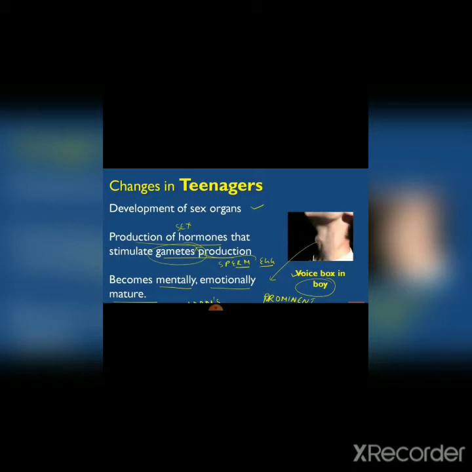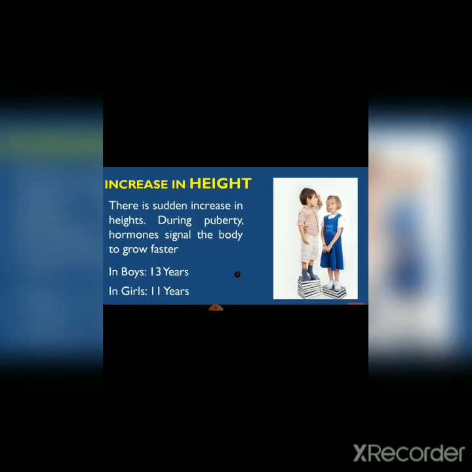Generally in the teenage years we can see that they are not only physically mature but also look mentally and emotionally mature. So first of all we will study in detail the increase in height.